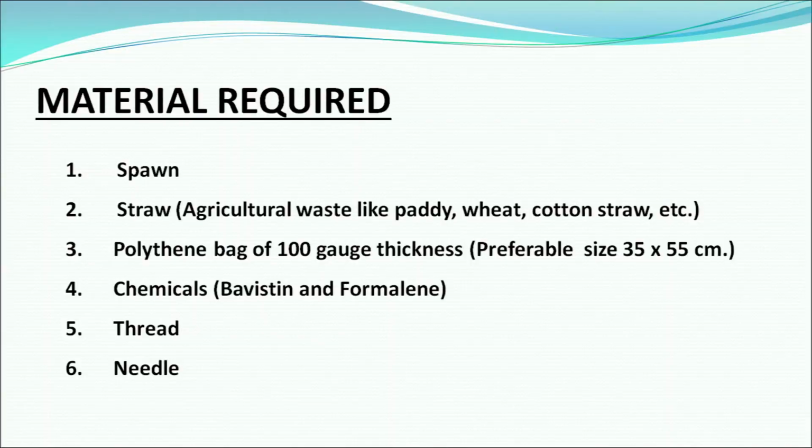So, this is the minimal requirement, and if we go for the material required, we have to start with spawn. Spawn here is the seed for mushrooms. Then we require straw.